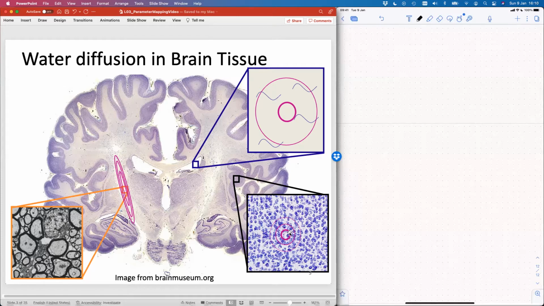So the dispersion pattern that we see tends to look isotropic, a bit like the free fluid case that we looked at first, but less widespread because the water molecules still have to navigate around lots of cellular structures, but they're equally impeded in all different directions. So the overall dispersion pattern ends up again being isotropic, but less widespread.